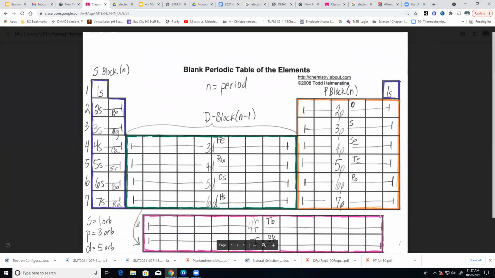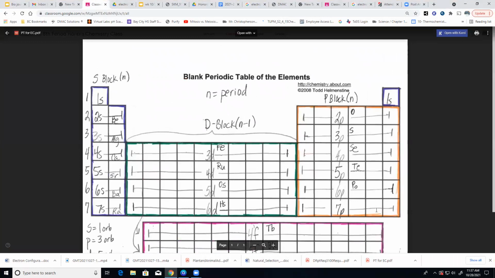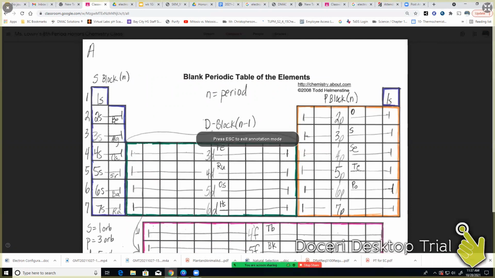So we're going to do argon, and it's element number 18. So that means it has 18 protons and 18 electrons. So I need to find a place for 18 electrons. It's the third noble gas down, so it's located right here. That's what we're shooting for.